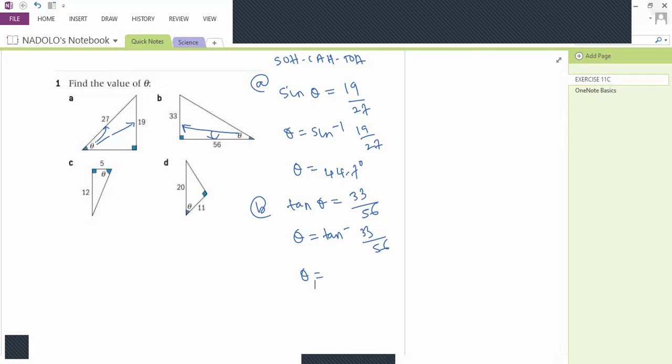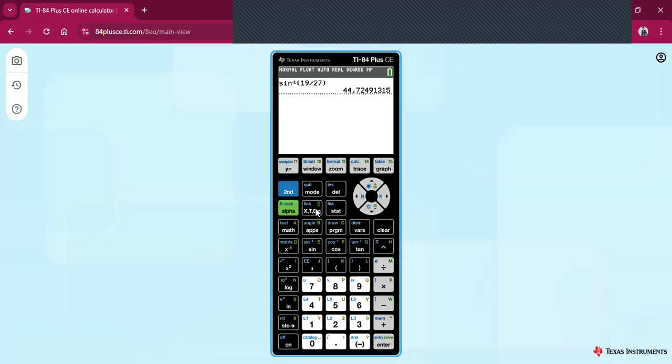I can share the GDC to show how you can insert that in the GDC. So we'll come to second tan 33 divided by 56. Some people might use the fraction key, which is alpha link. There's a fraction here, or alpha y equals, there's also a fraction there.